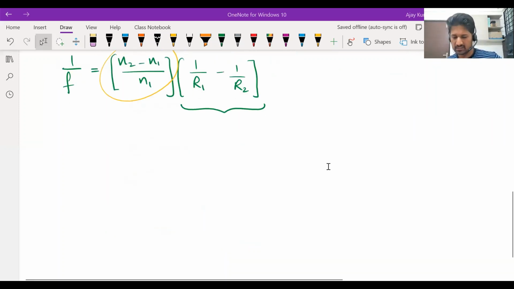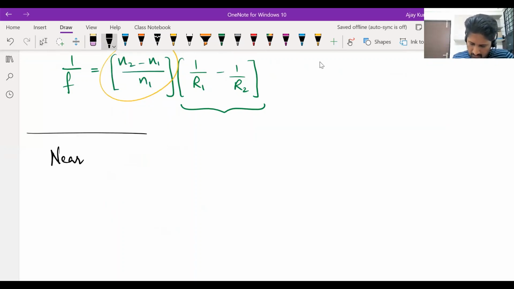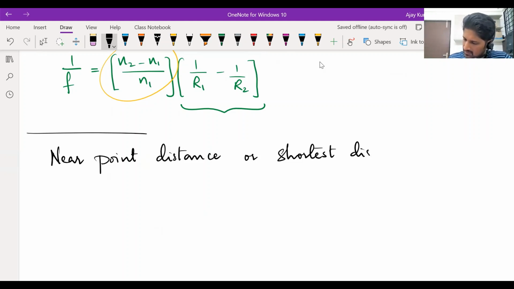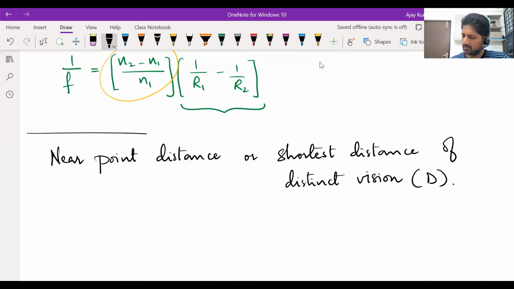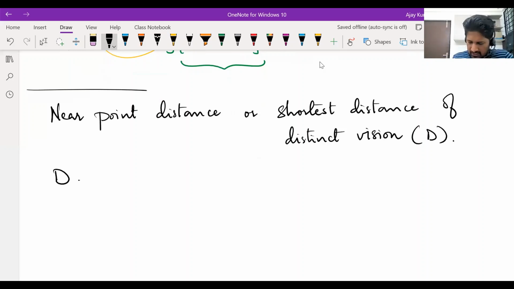That minimum distance at which you can see objects clearly is called the near point distance, or shortest distance of distinct vision, denoted by the symbol capital D. On average, this is about 25 centimeters from the lens of the eye.